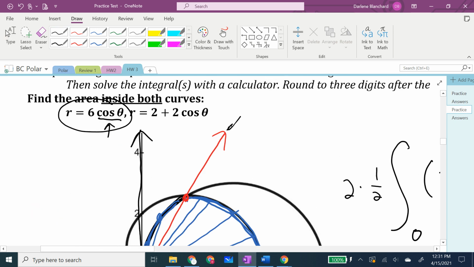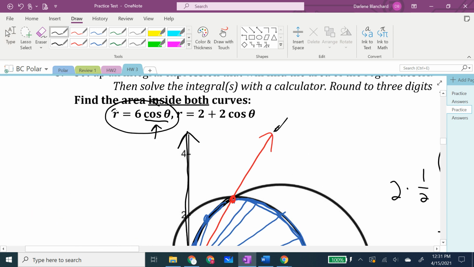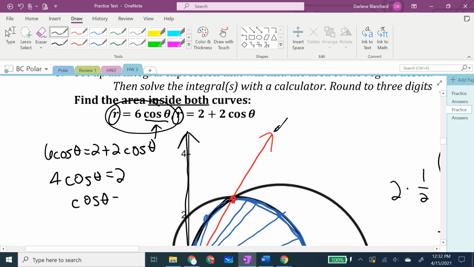The angle of intersection is found by setting the 2 r's equal to each other. When I subtract 2 cosine over to the other side and then divide by 4, I end up needing to solve when cosine is 1/2.